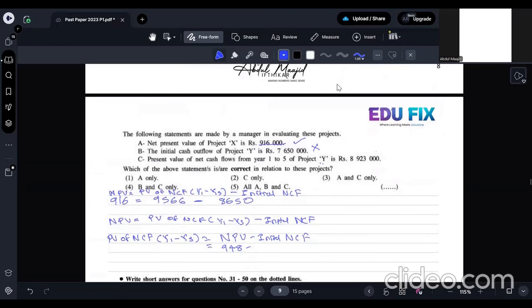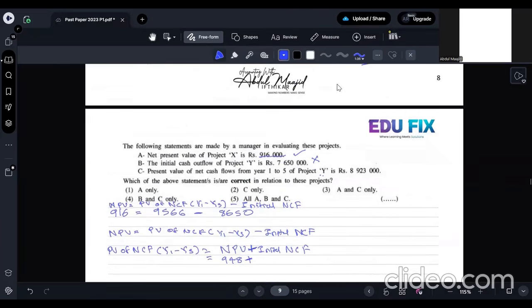Wait. No, it should be NPV plus initial net cash flow. Initial net cash flow, if it goes to the other side, it will be plus, right? 7,975 plus 948, that is 8,923. So that is correct. C is correct. Answer is A and C.